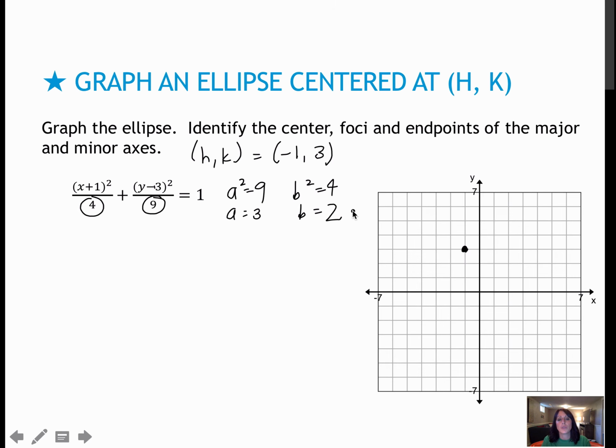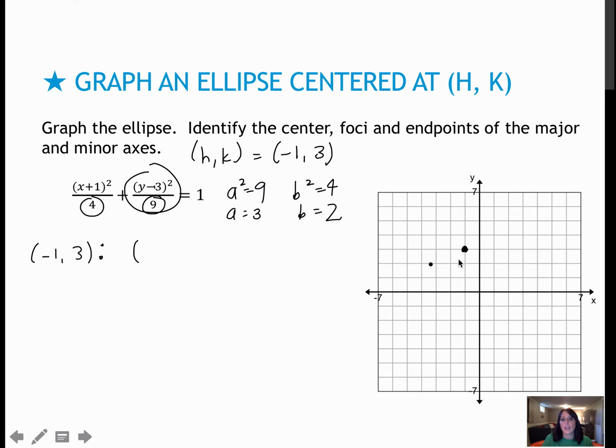Again, the order that you do this is up to you. You can do it algebraically or graphically. We'll go ahead and do this one algebraically together. So I know if my center point is at -1, 3, and I'm trying to find the endpoints of the major axis, I'm going to add and subtract that from my center. So -1, 3.